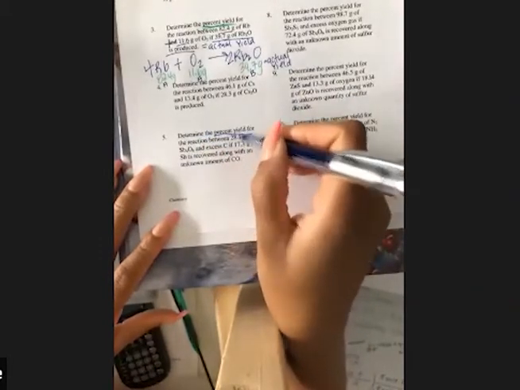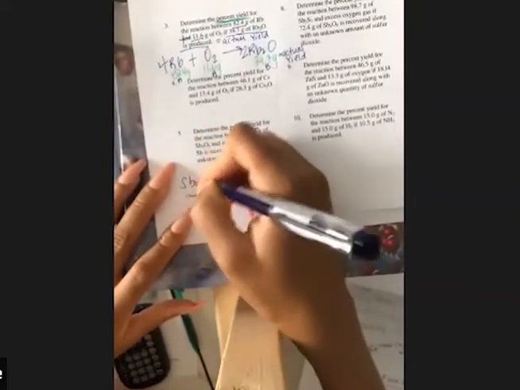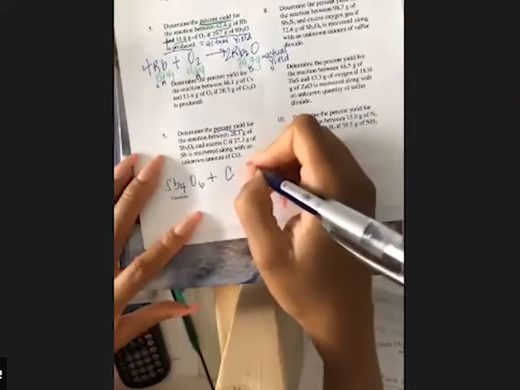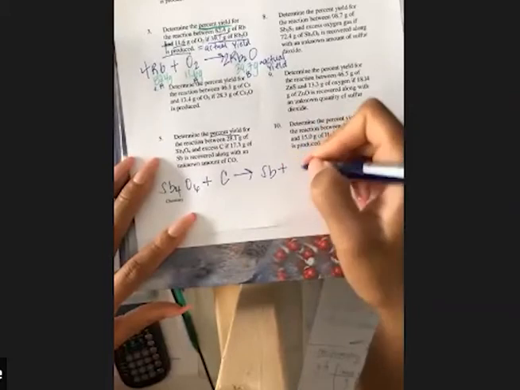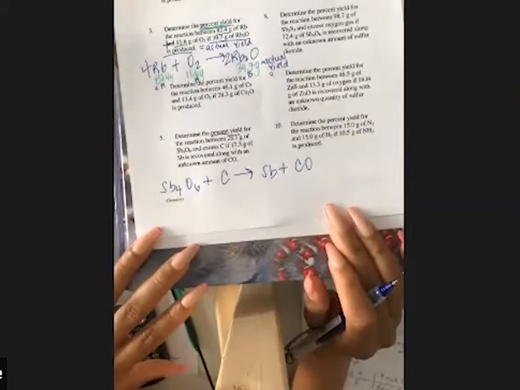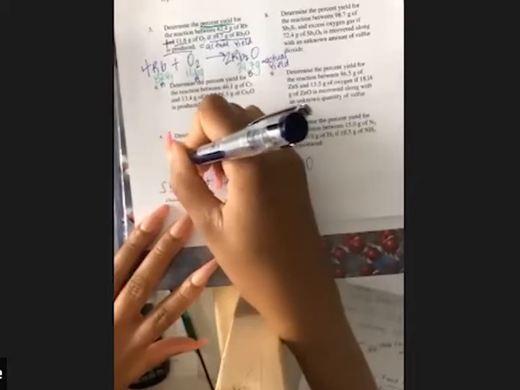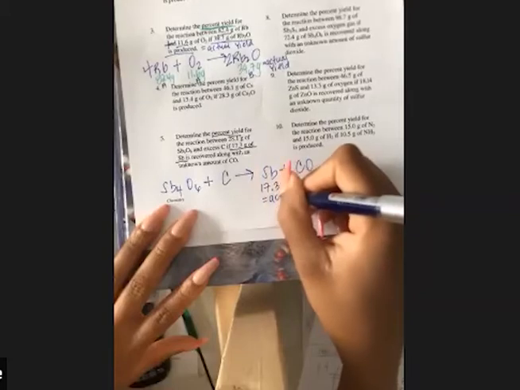All it's saying is we still have to determine the percent yield. We're starting off with this antimony oxide that looks like this, and excess carbon, which produces antimony along with an unknown amount of CO. So it tells us how much antimony it produces. In that case, the 17.3 grams is our actual yield.